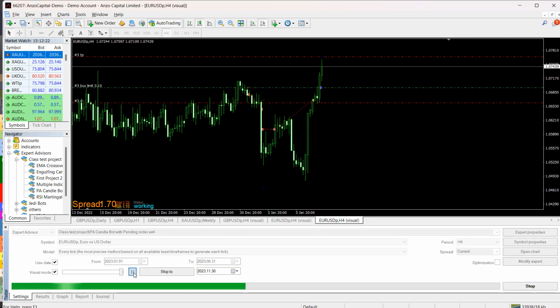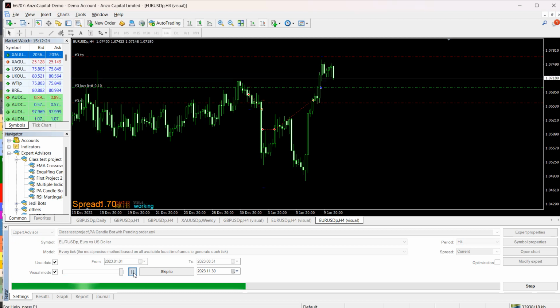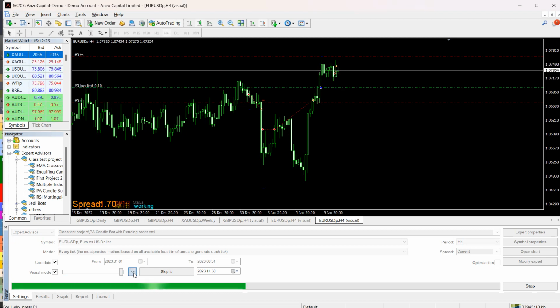Okay, now watch. That one is still on. Now remember, it will take both buy and sell trades. So if the condition for a bearish engulfing is met, it will also take that trade. In this particular case, that's actually what happened. There was a bearish engulfing candle here. It took the trade. I think the trade ended up in a loss.